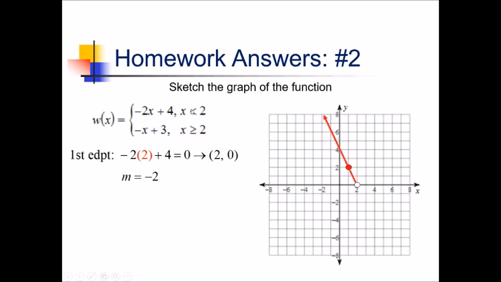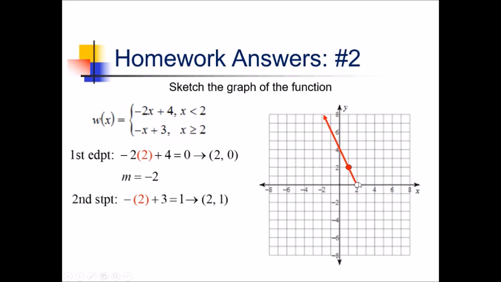And now it's on to the next line I'm trying to draw. So to get the point that this line begins at, I'm going to again plug 2 in, but now I'm plugging it into the -x plus 3 rule. So I've got -2 plus 3, giving me 1. So that's the point 2, 1. And because we had the equals on this one, we do have a solid dot for this point.